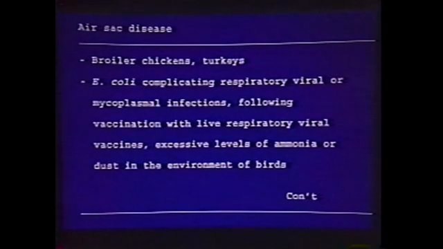Actually, it's just foamy exudate covering the abdominal air sacs and peritoneum here. Later, there will be septicemia, causing thick fibrinous exudate on the air sacs as well as on the visceral organs. In commercial poultry, it is commonly due to E. coli, predisposed often by these infections or vaccinations or management factors of ammonia or dust.